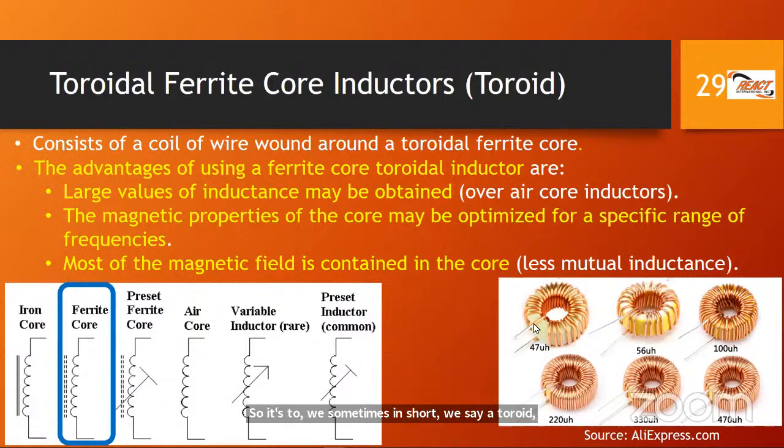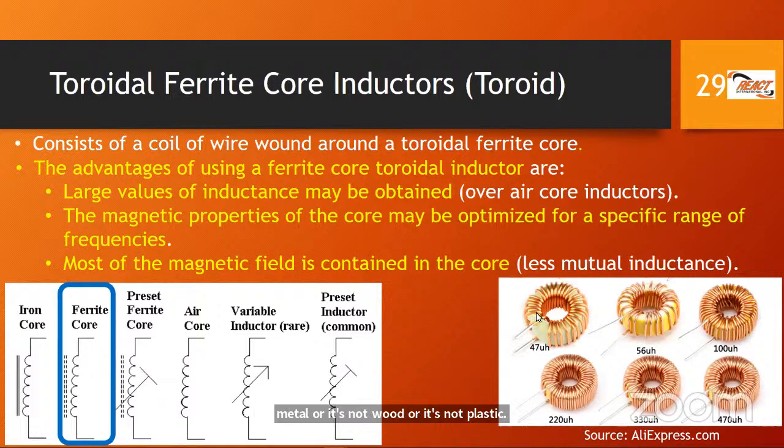Ferrite core means that the core the coil is wrapped around consists of a material called ferrite. We'll have a slide coming up shortly on what ferrite looks like and its properties. But the material of this core is ferrite. It's not a metal, or wood, or plastic. It's ferrite.